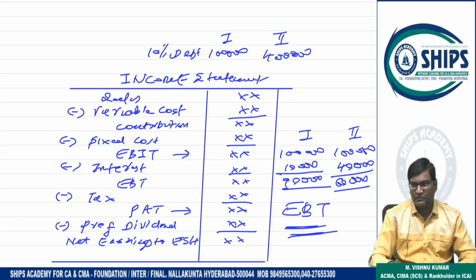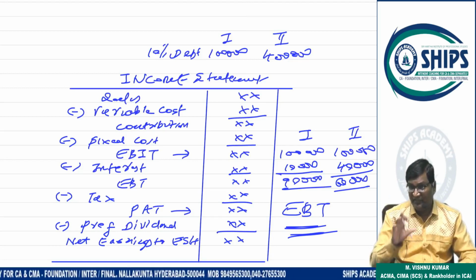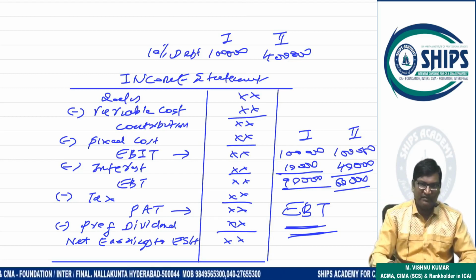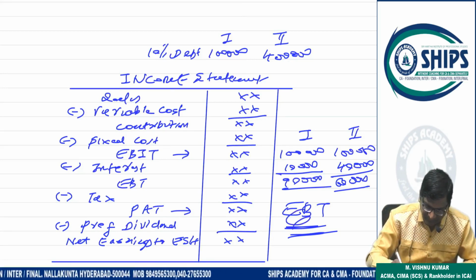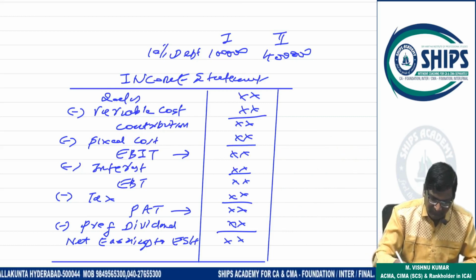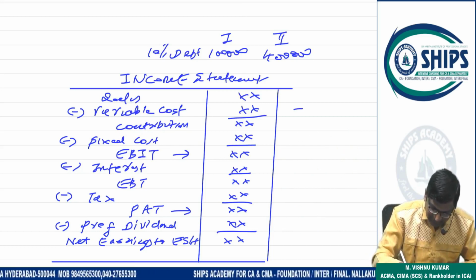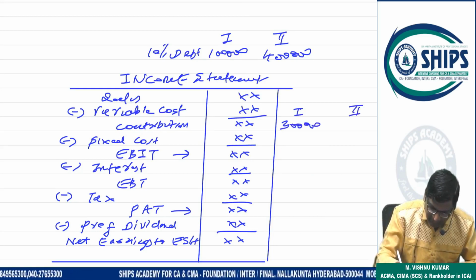Okay? So operating risk is also defined as variability in EBIT. See here. Suppose this is first case. In this case, your contribution is 3 lakhs. Here also contribution is 3 lakhs.